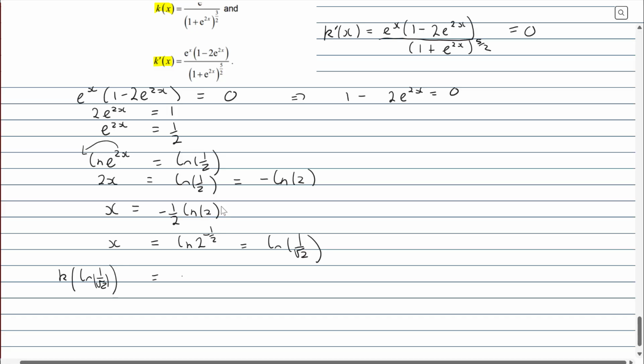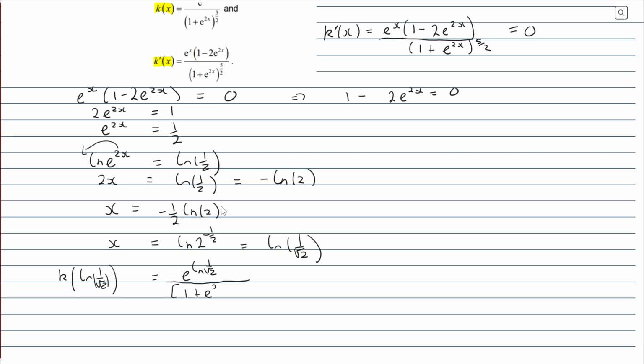So that's going to equal e to the ln 1 over root 2. So it's getting a little bit messy with all the fractions and things here. Then I get 1 plus e to the 2x, so it's e to the 2 times ln 1 over root 2. And all of that is to the power of 3 over 2.